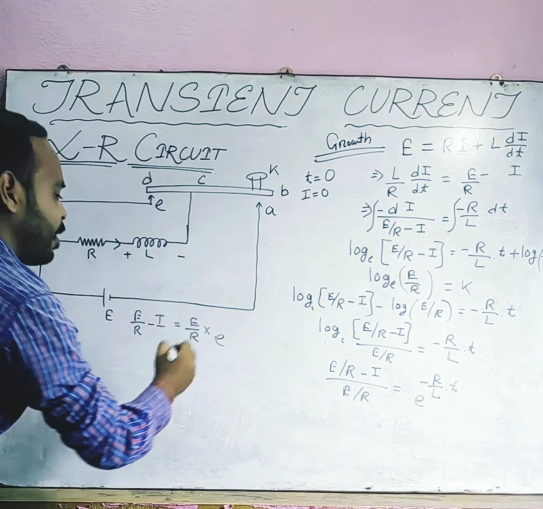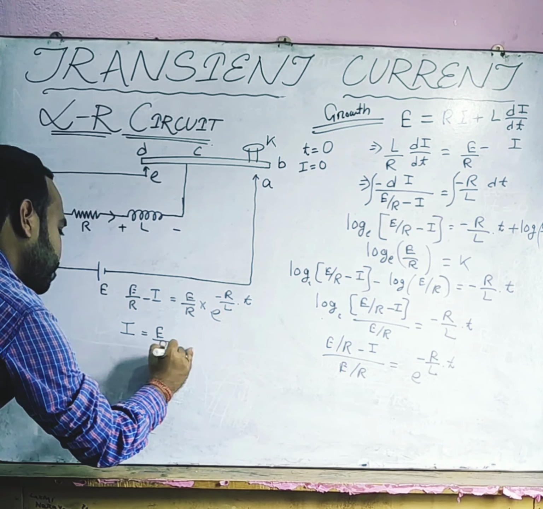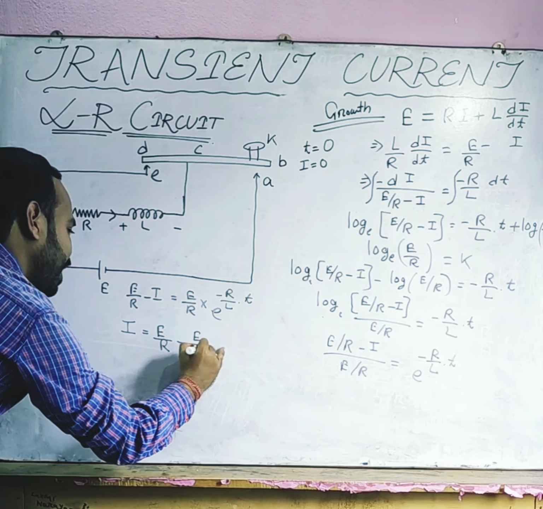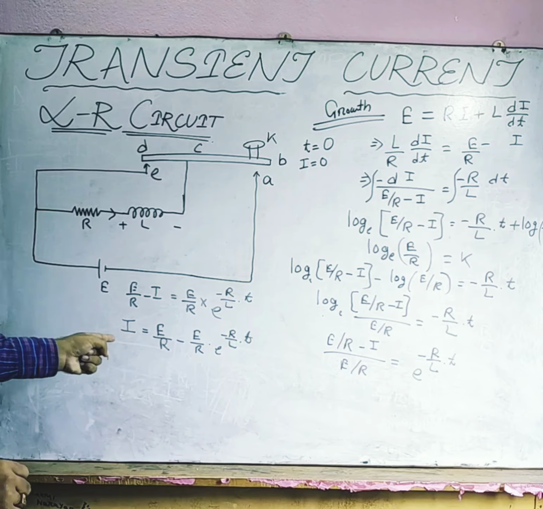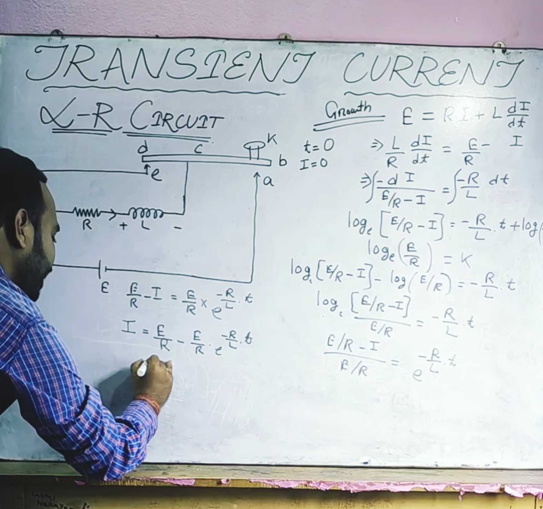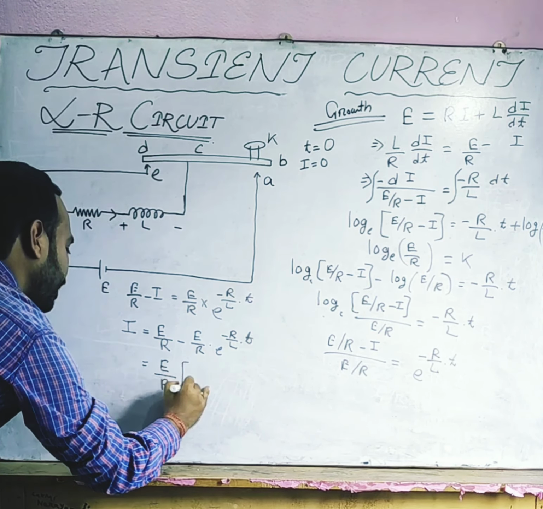Now we get the instantaneous current i in the circuit equals E by R minus E by R into e to the power minus R by L into t. Now taking E by R common, we get E by R whole into 1 minus e to the power minus R by L into t.